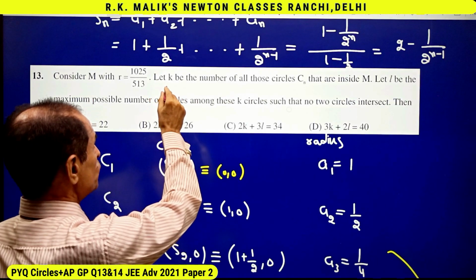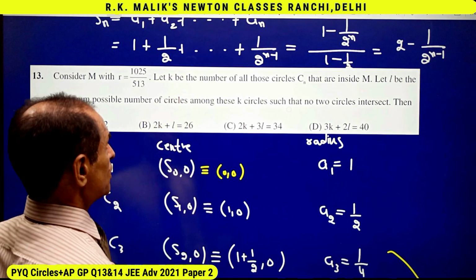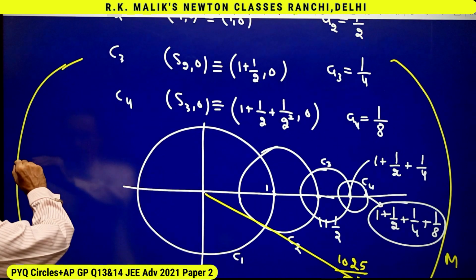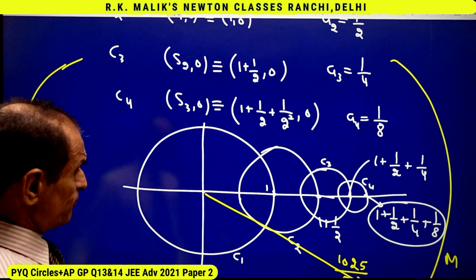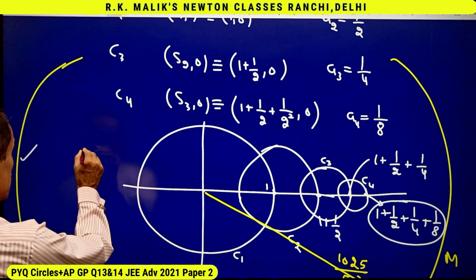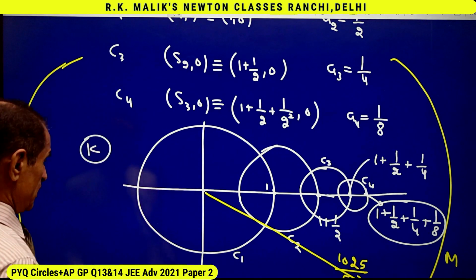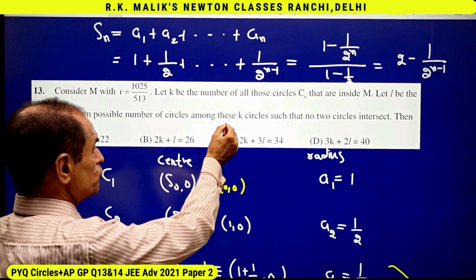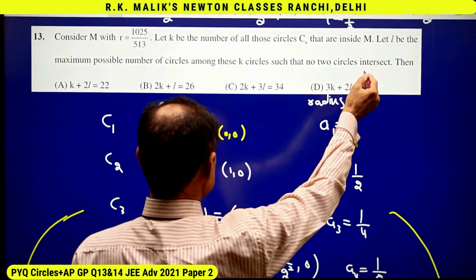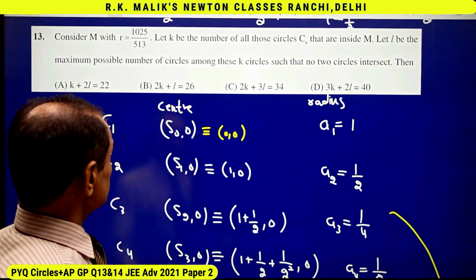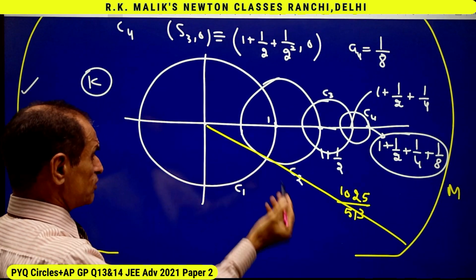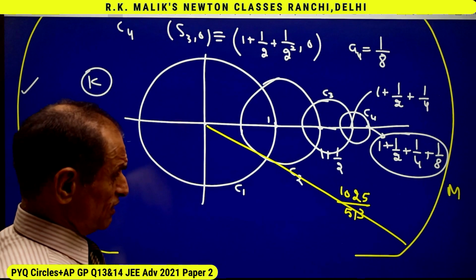That is, to find the value of K, we have to find how many circles of this type are lying in this circle. And the number of circles lying in this bigger circle is K. And after finding the value of K, you have to find the value of L. L means maximum number of circles among all these K circles which do not intersect each other.